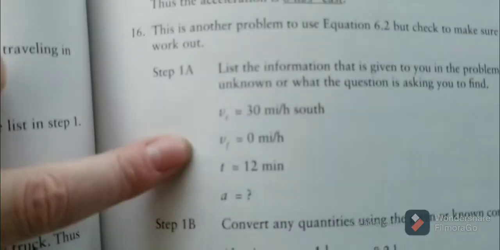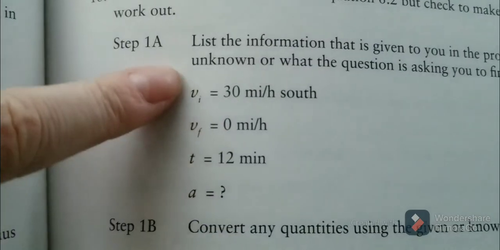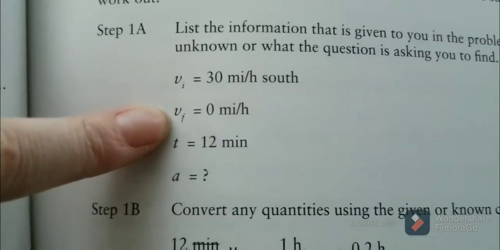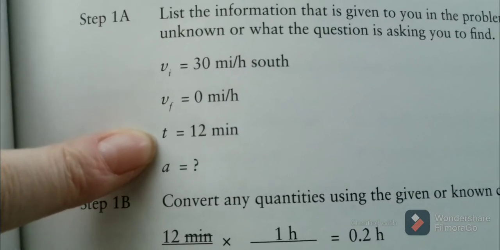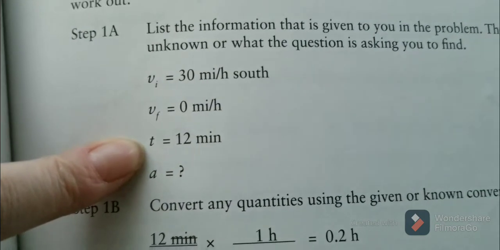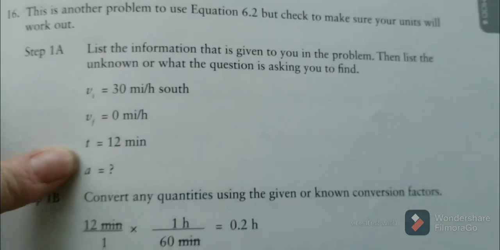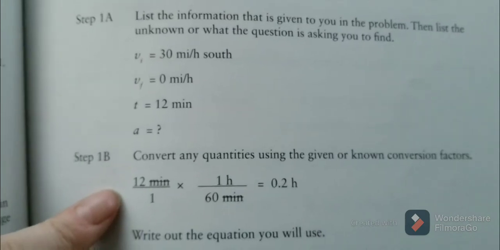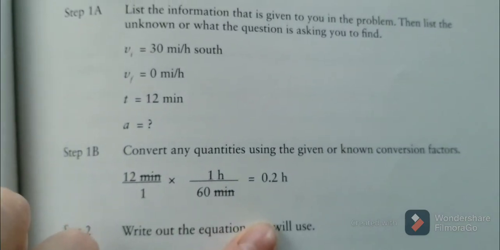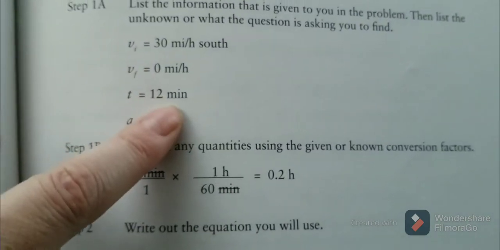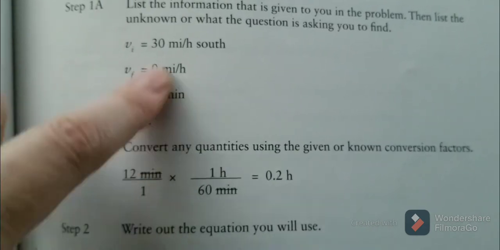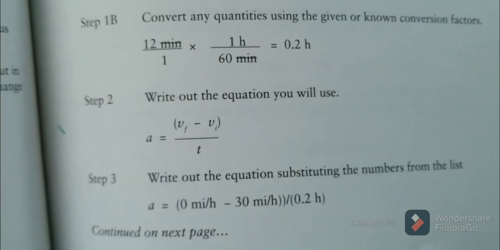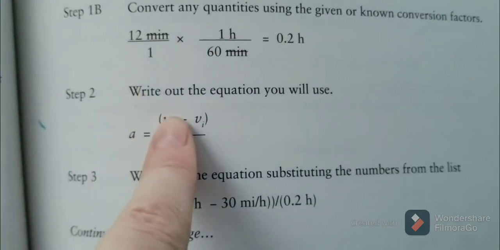Okay, yes. So here's the initial velocity. This is the final velocity. It took 12 minutes to stop completely. That's a really long time. All right, we're going to do our conversions. We have minutes and hours, and we can't have all that. We have to have everything in the same quantities.